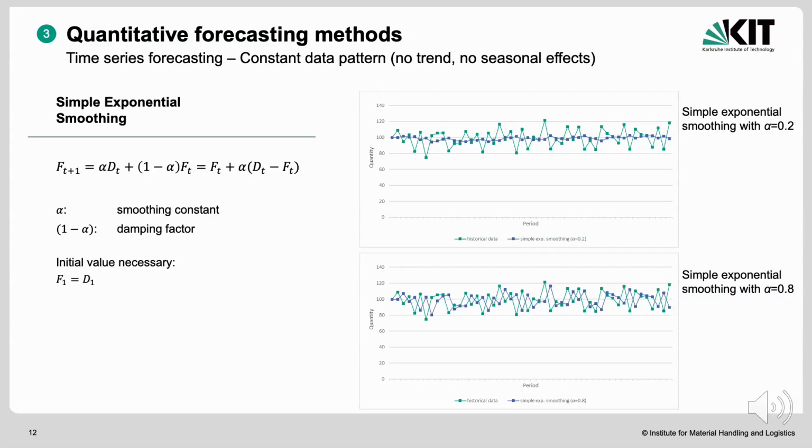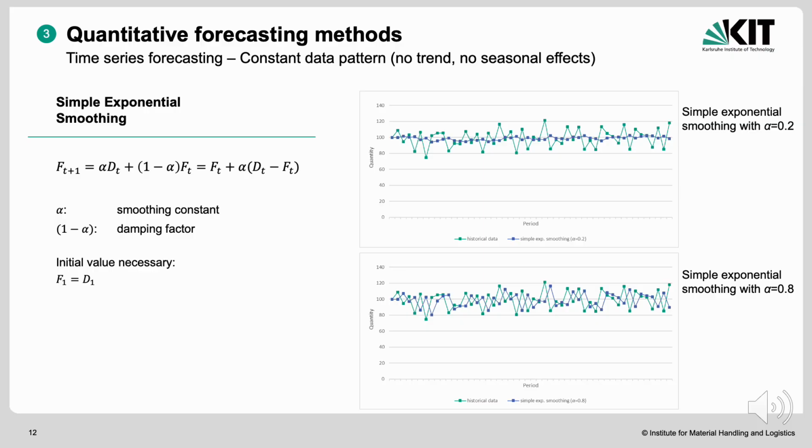Moving average forecasting requires the storage of the past data, at least the number of periods that we want to take into account. Therefore, it's considered to be storage intensive, which, considering today's technical capabilities, is not such a big issue anymore.